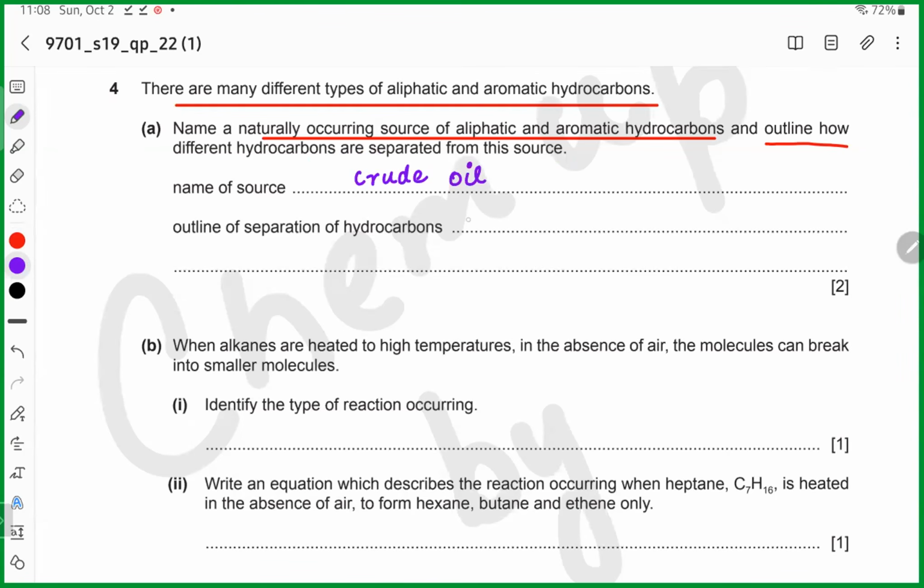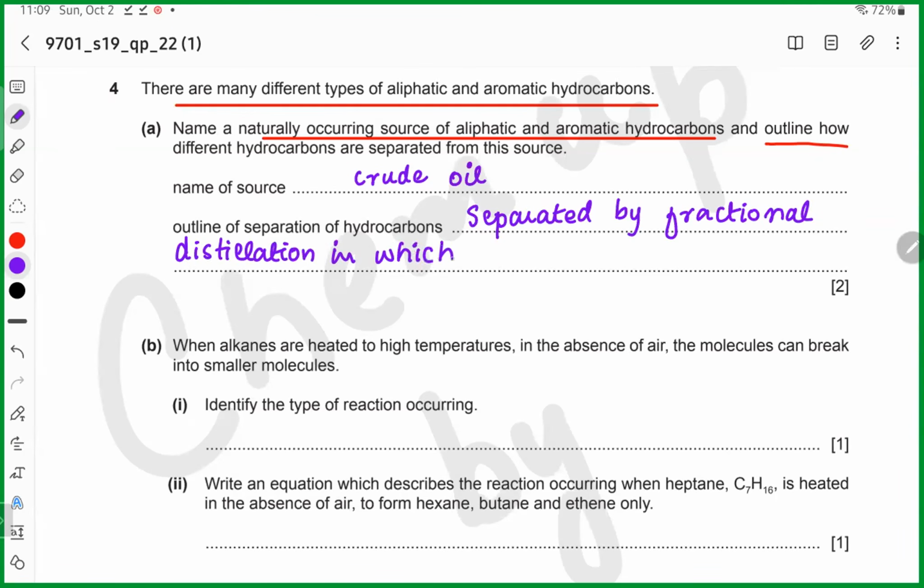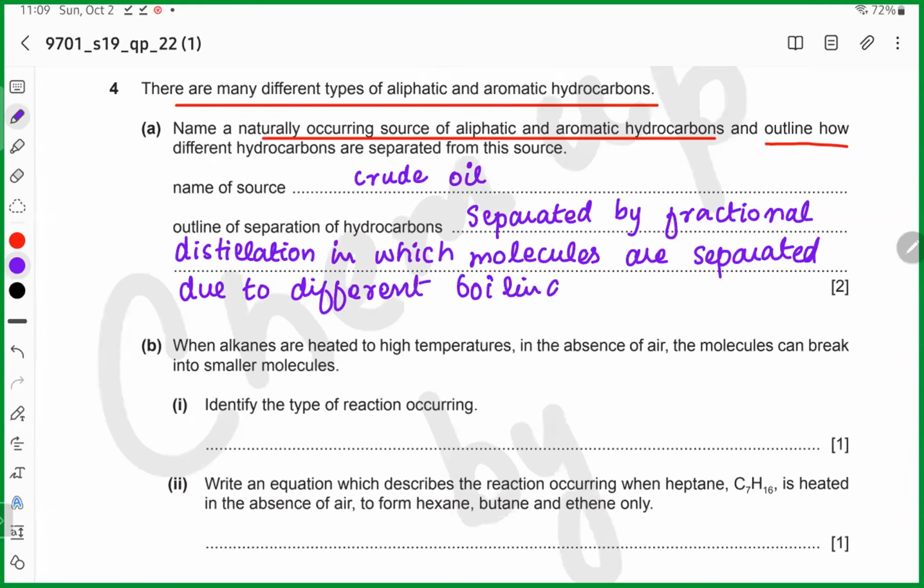And outline the separation. So it is separated by fractional distillation, in which molecules are separated due to different boiling points.